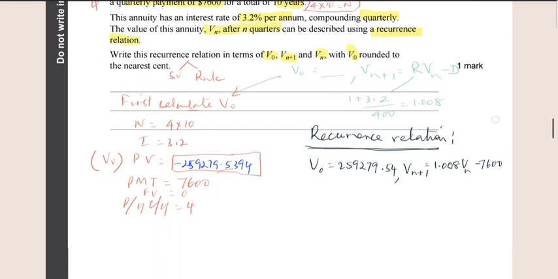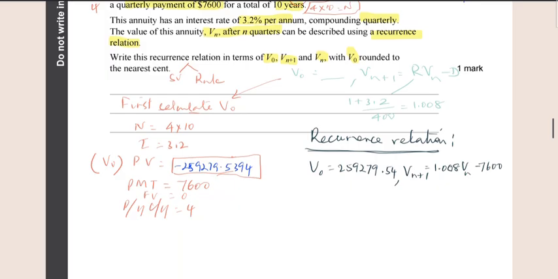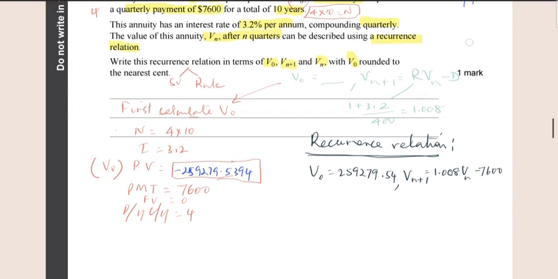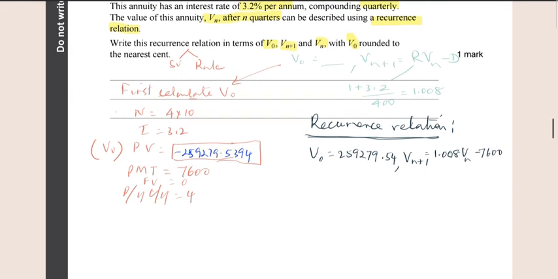So in order to calculate V naught, we know that N is 40 payments. We also know that I is 3.2 from what's given. Now we don't know how much has been deposited, V naught, which is PV. PMT is 7,600 because it provides a quarterly payment, which means Jane gets the money, and because she gets the money, it's a plus, till the future value becomes 0, and PY CY is 4.